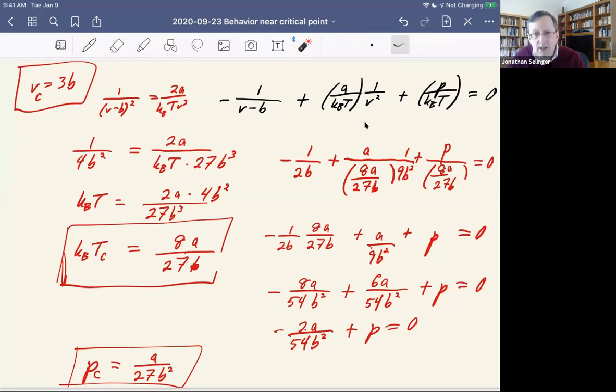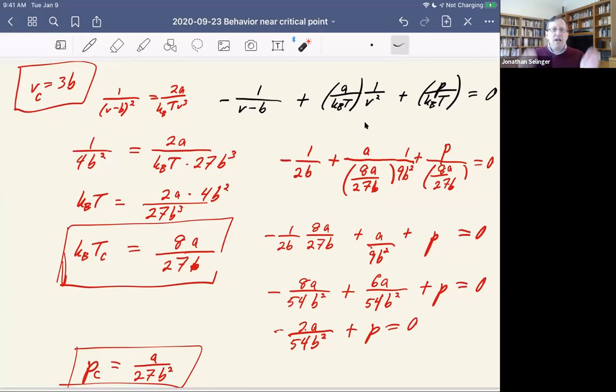I guess at the critical pressure, the fluctuation of the volume would be very large, right? Yes, excellent point. At the critical pressure, the fluctuations in the volume would be very large. That's because the Gibbs free energy is not very sensitive to volume there.